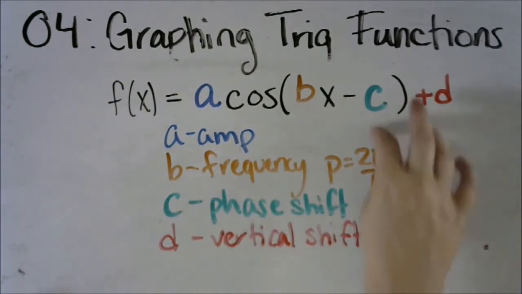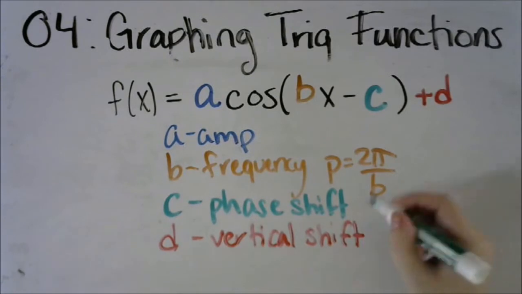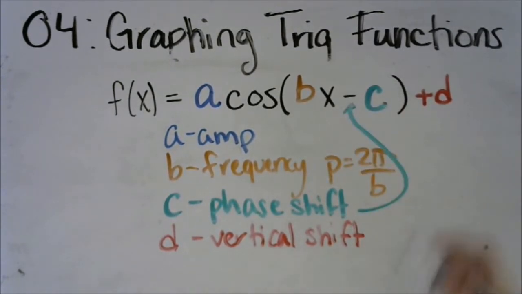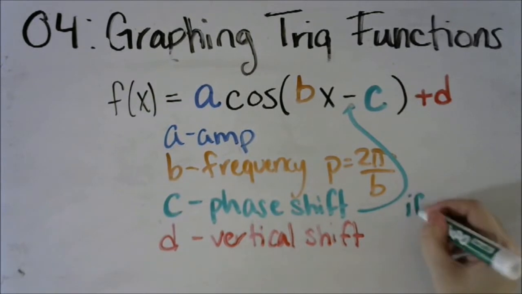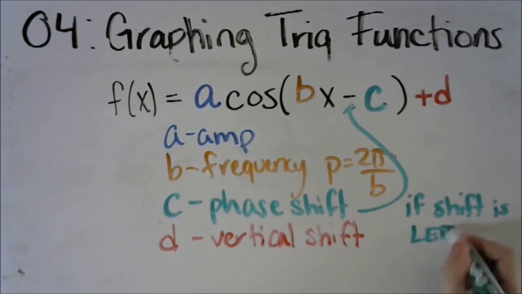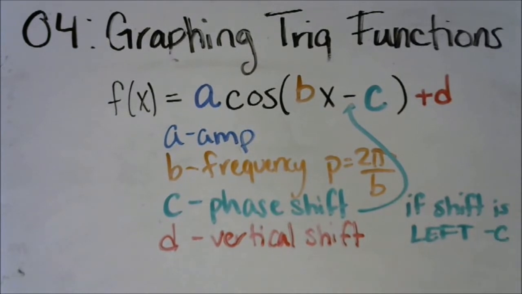When we talk about phase shift, it's important to note that there's a negative embedded in the formula itself. So, if the shift is left, we know that C is negative.